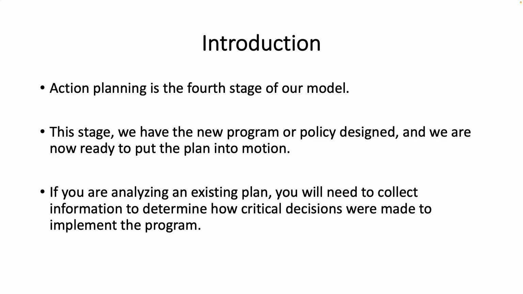So in short, what we're hoping to achieve at this stage is we have the new program or the policy designed from the prior lecture, and we're ready to put this plan into motion. So if you're analyzing an existing plan, you're going to need to collect information to determine how critical decisions are made or how they were made to implement the program.